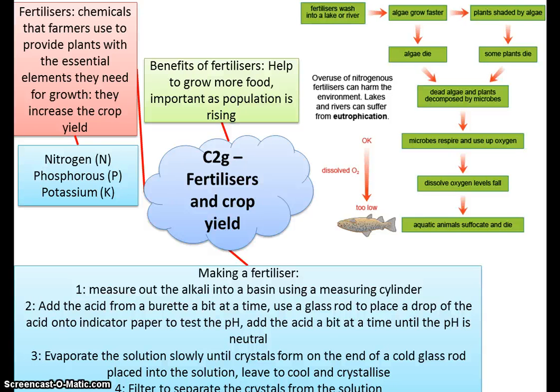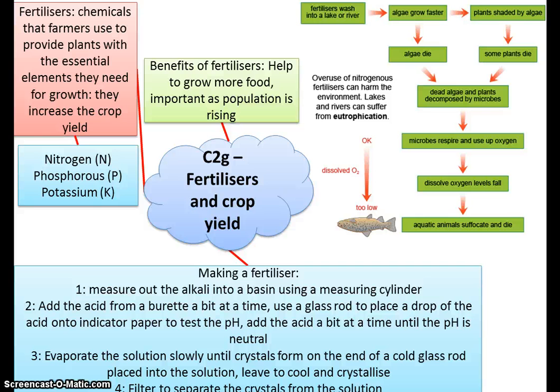The second layer of the problem is that the dissolved oxygen in the water is being used up, and it means your aquatic animals like fish will all die because they're not getting any oxygen. Like I said, this is a huge problem, and that could well be a 6-mark question, so please make sure you know that.